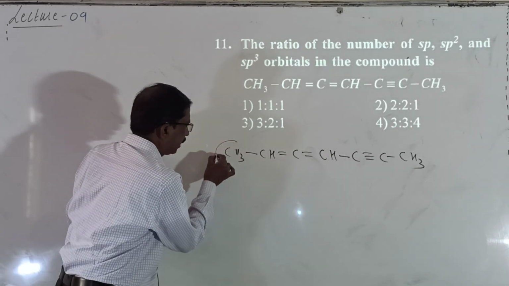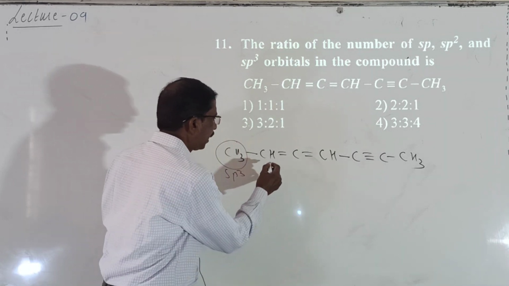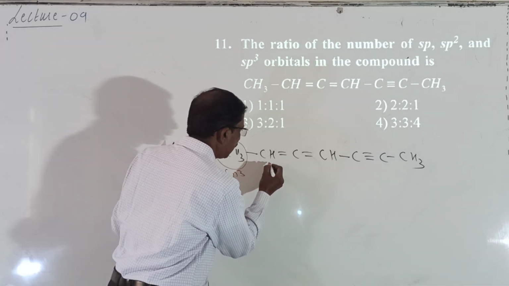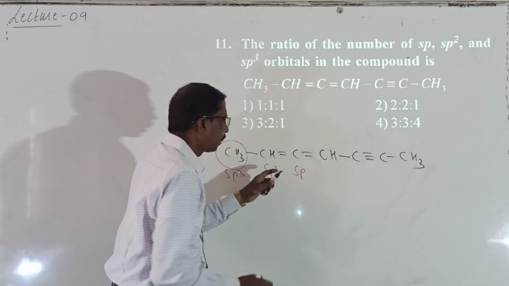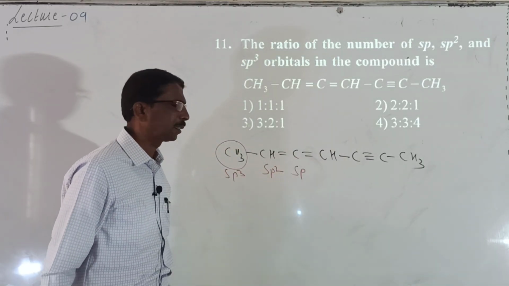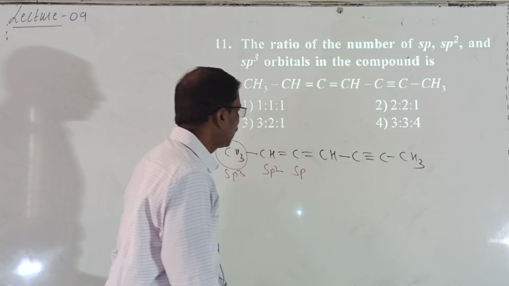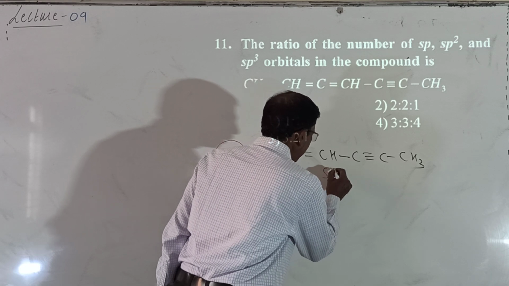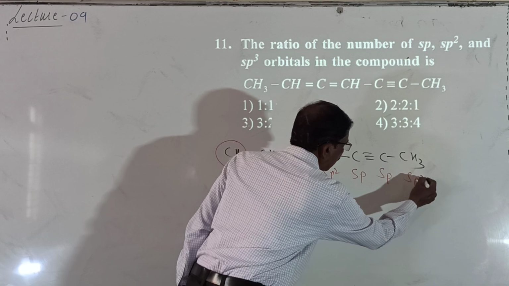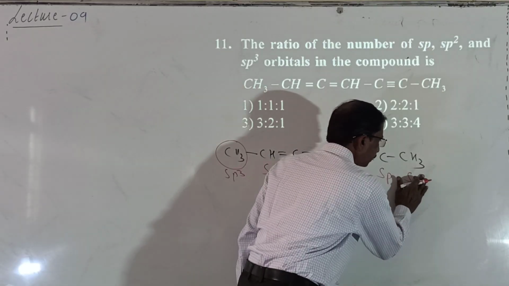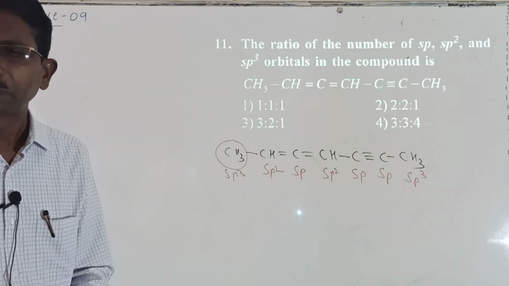Look here, it is a single bond so sp3, and here this carbon and this carbon are sp2, and here it is sp, because both sides have double bonds. And then again here it is sp2, and here it is sp, it is sp, it is sp3. Look here students, then what is the ratio here?